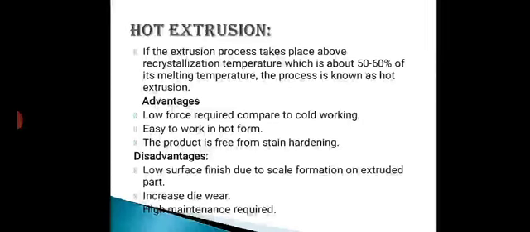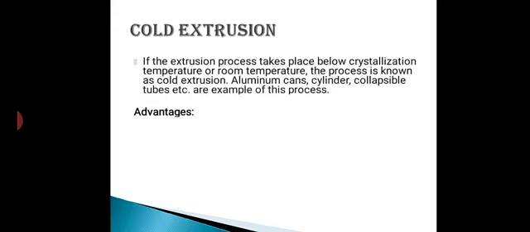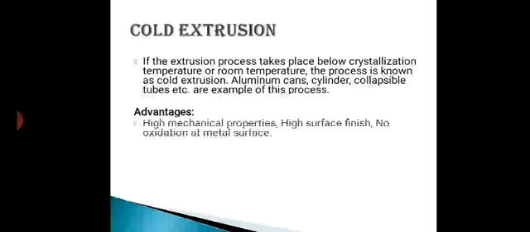Cold extrusion process. Cold extrusion is carried out below the recrystallization temperature, at room temperature or slightly elevated temperature. Making aluminum cones, cylinders, and collapsible tubes are examples of this process. There are lots of advantages of cold extrusion.